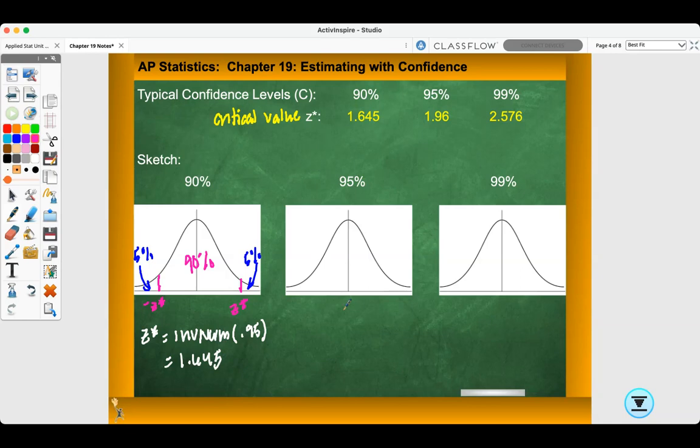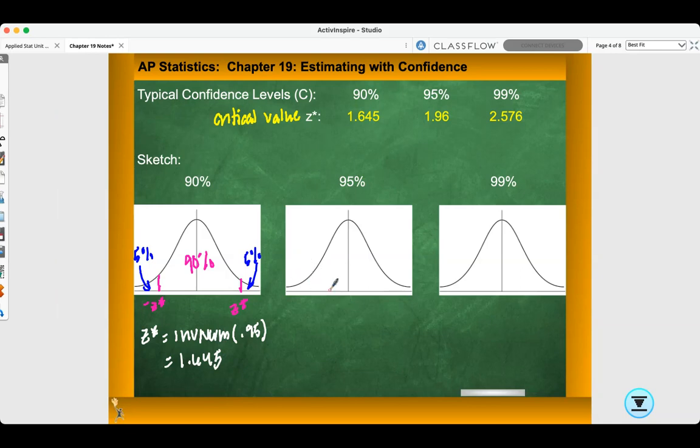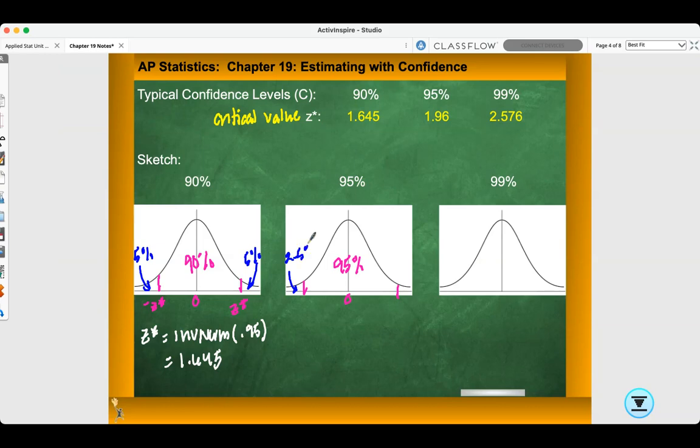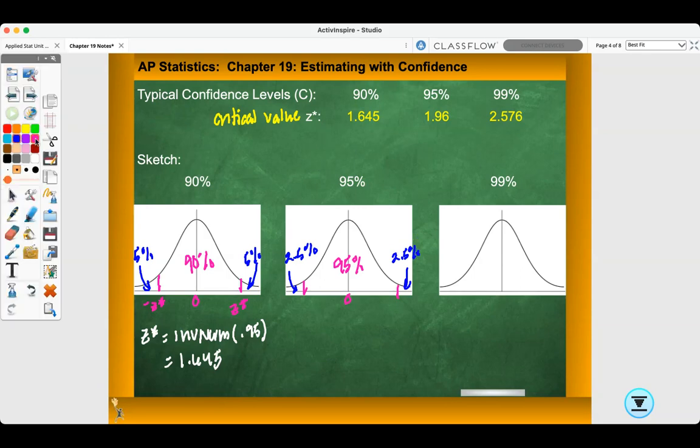When we're talking about a 95% confidence interval, with zero here, 95% of the area in the middle means this little area here is 2.5%, and this little area here is 2.5%. So we have a negative Z star here and Z star here.